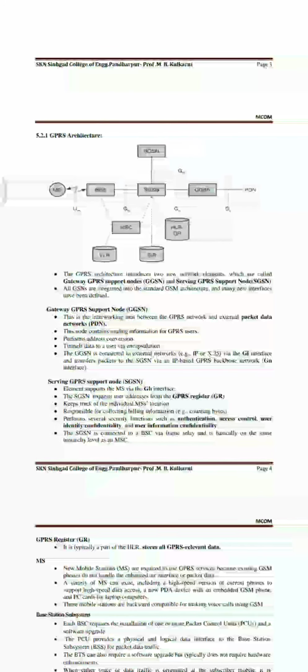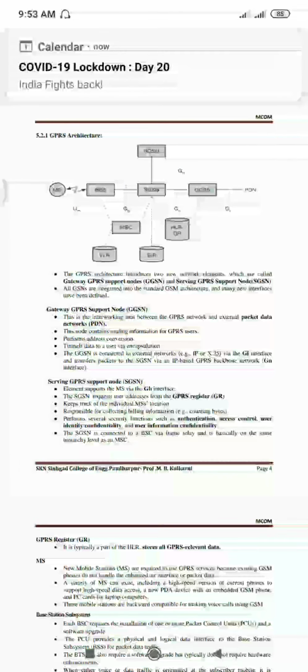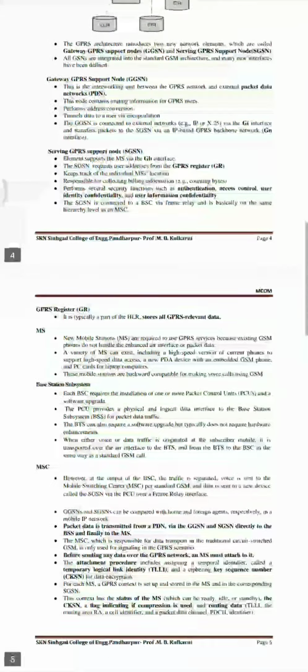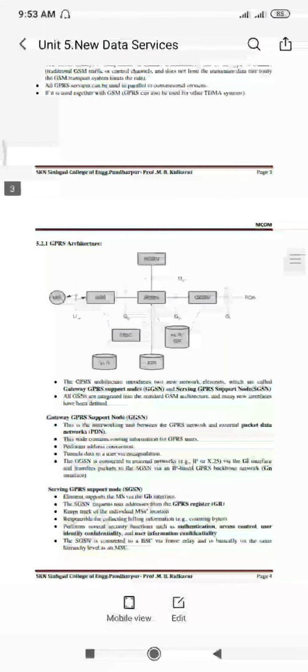So you have to explain what is GGSN, SGSN, GR, MS, MSC, and the Gb, Gn, Gi interfaces used in this GPRS architecture.